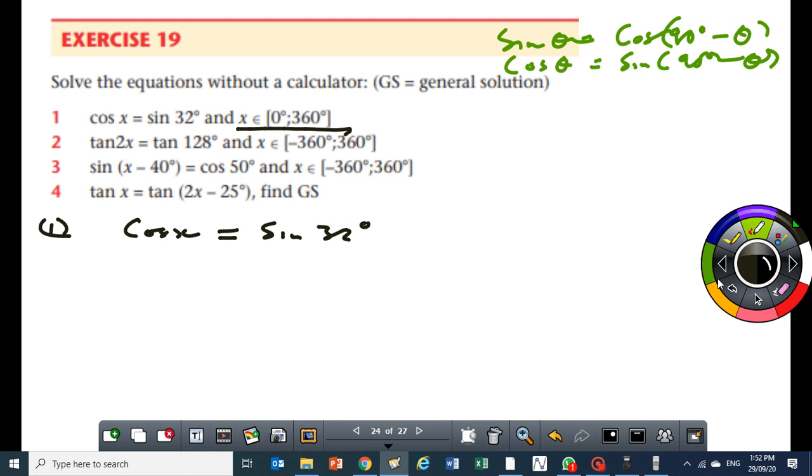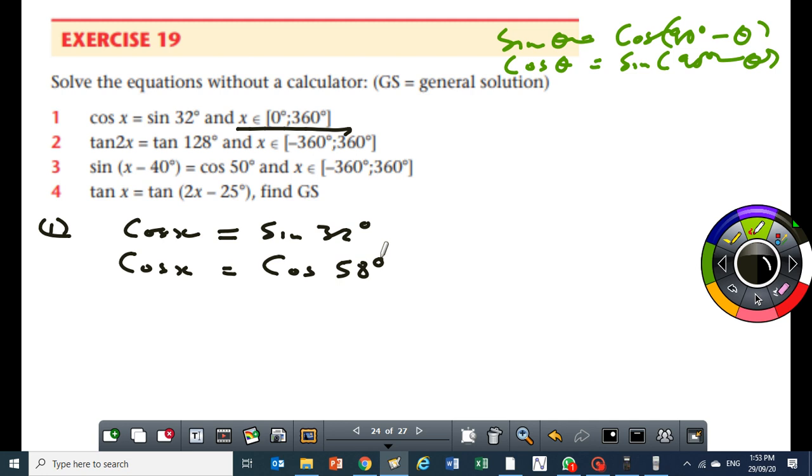If I do that, this becomes cos x equal to, make sure you pay attention carefully, we subtract this angle from 90, then we introduce cos. So it's going to be the first one, 90 minus theta. 90 minus 32 gives you 58 degrees.